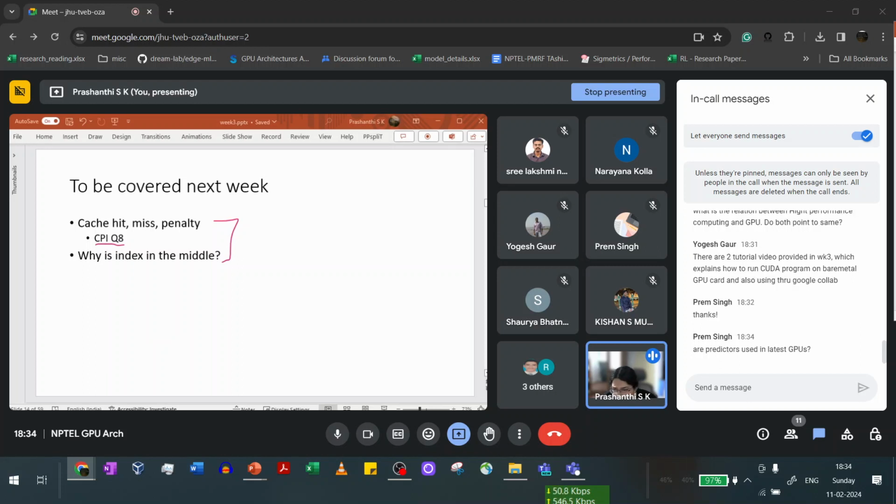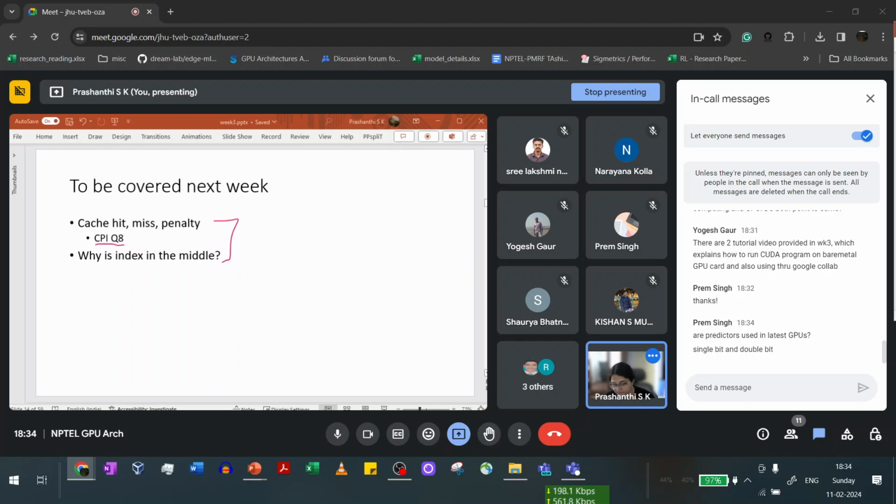Are predictors used in the latest GPUs? What kind of predictors? Can you be a little more specific? Okay, you're talking about branch prediction here, is it?